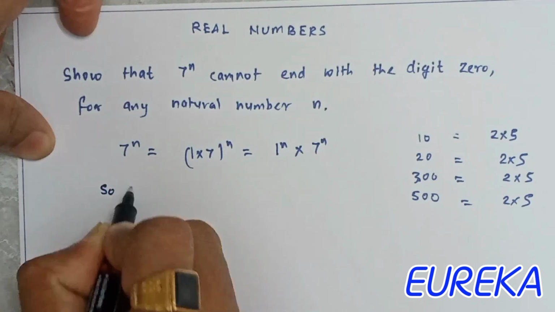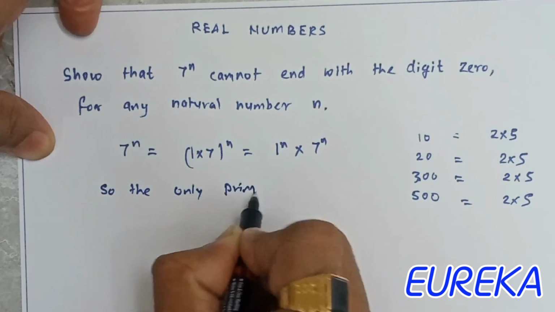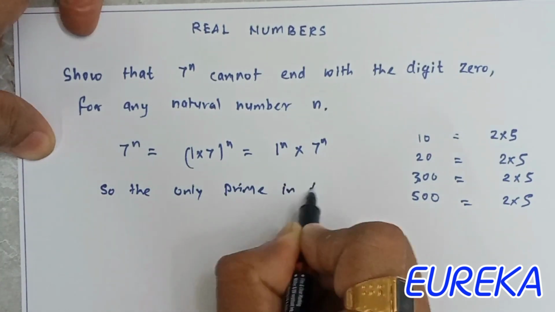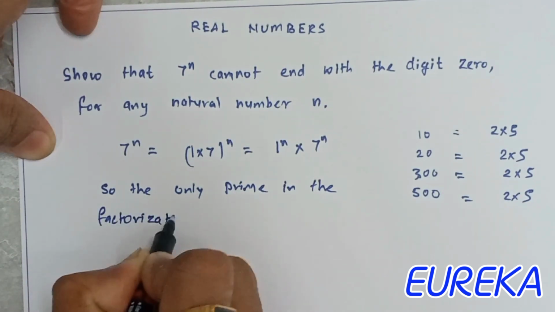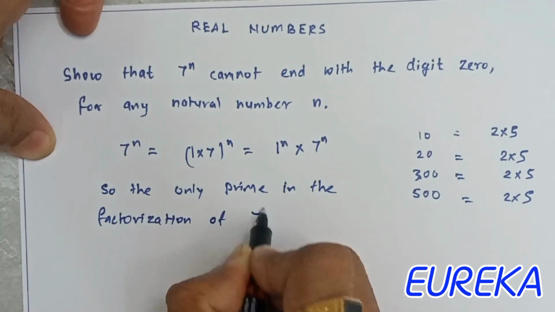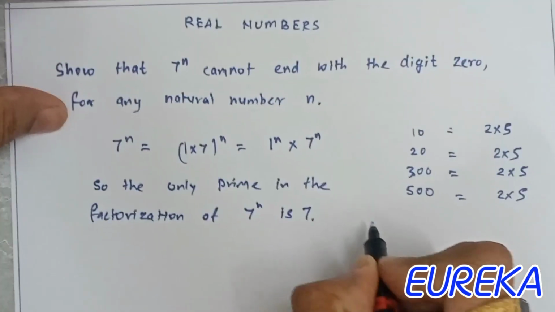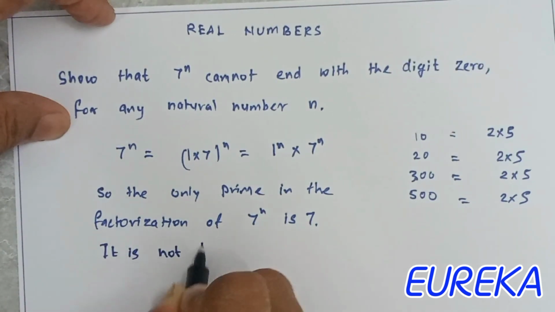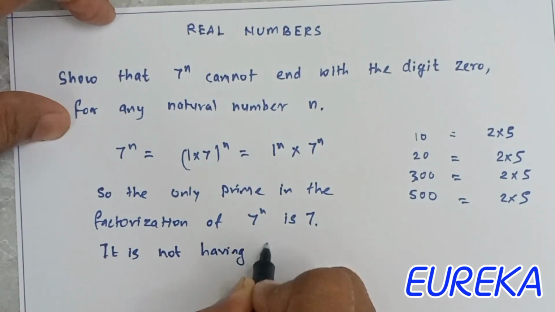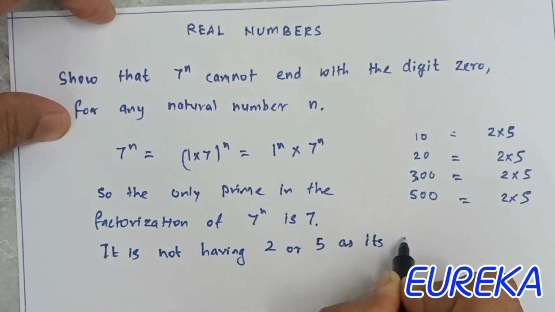So the only prime factor in the factorization of 7 to the power n is 7. But we must have a 2 and 5, and it is not having 2 or 5 as its factors.